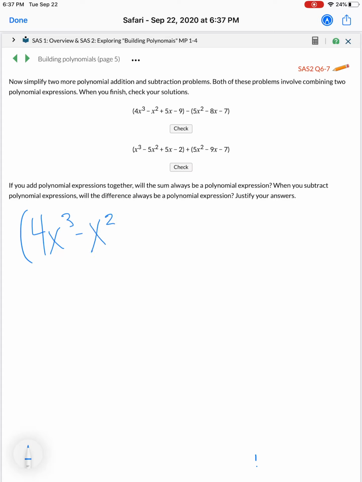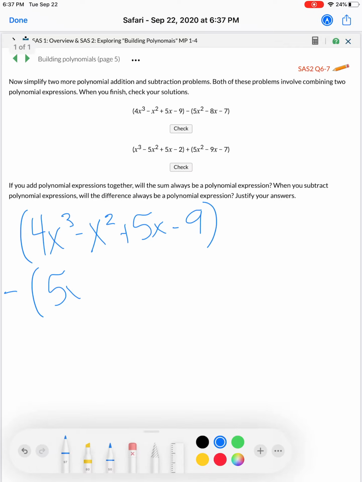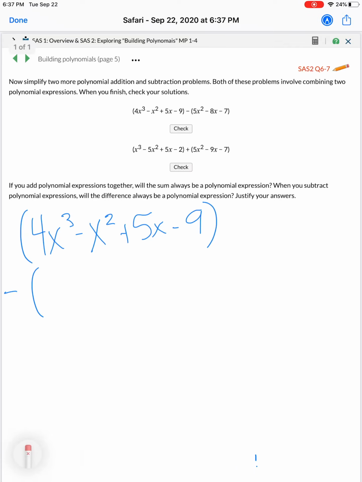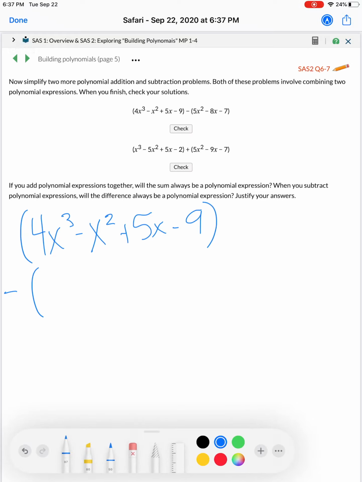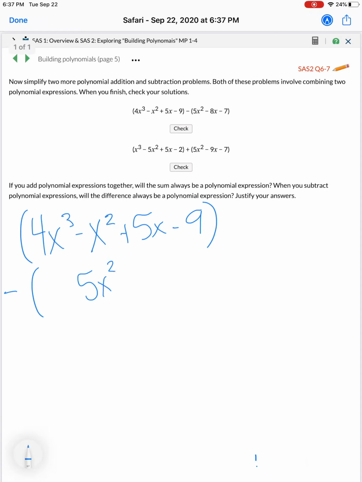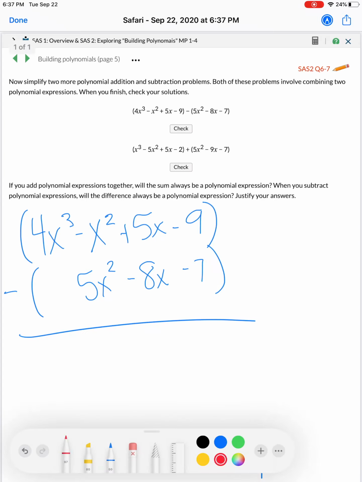So first, we have 4x cubed minus x squared plus 5x minus 9 minus 5x. Oh, look, I almost did not line them up correctly. You have to line your powers up. All right.